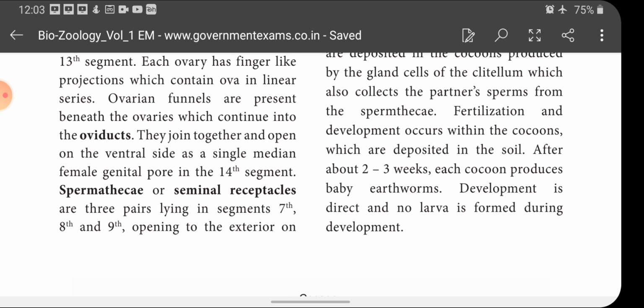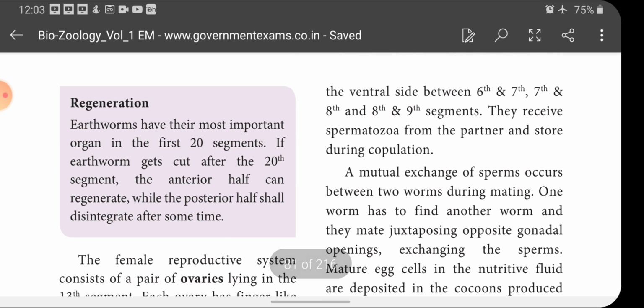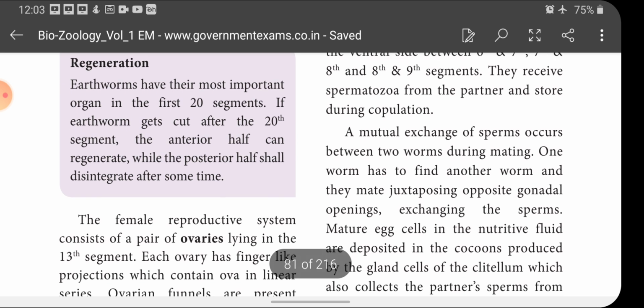Spermathecae or seminal receptacles are three pairs lying in the 7th, 8th and 9th segments, opening to the exterior on the ventral side between the 6th and 7th, 7th and 8th, 8th and 9th segments. They receive the spermatozoa from the partner and store them during copulation.